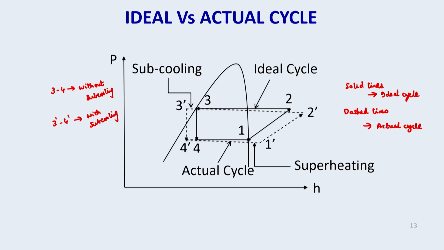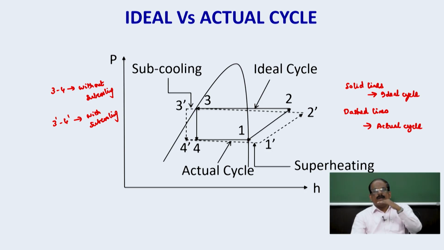And the second thing is, 1 to 1 dash is the superheating. If you see the solid line for process 4 to 1, it is perpendicular to the y-axis. That is isobaric. But the process 4 to 1 corresponding to the dash line is slightly inclined. That means it is not isobaric.